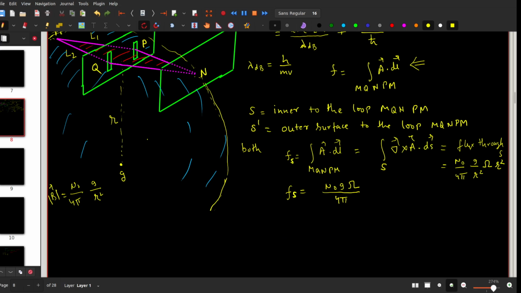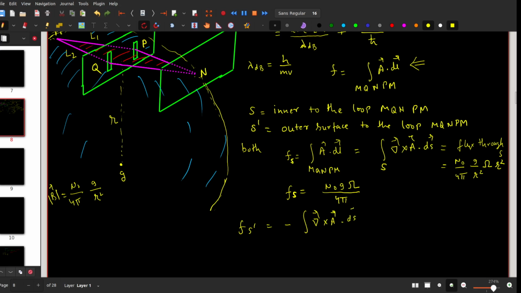However, if we consider the outer surface in the Stokes theorem, then F S prime will now have a negative sign, curl of A dot ds over the surface S prime, because the orientation of surface S prime is along the inward perpendicular to this spherical surface.